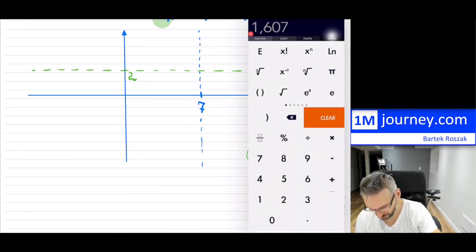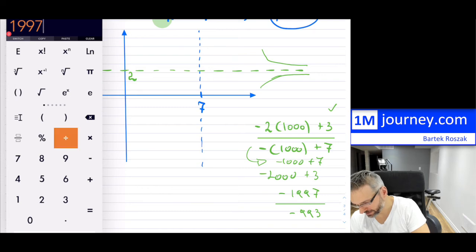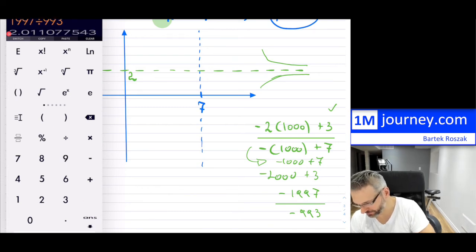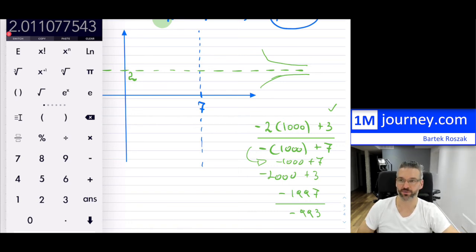Okay, so in this particular case, what are we noticing? If I plug this back into my calculator, the negatives will cancel, and I'm going to get 1,997 divided by 993. Notice that it is a little bit more than 2, and it should make sense because 993 is smaller in magnitude.